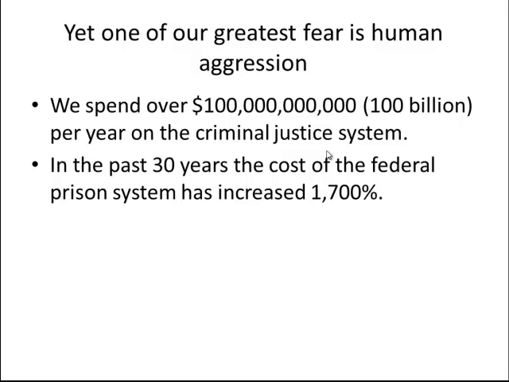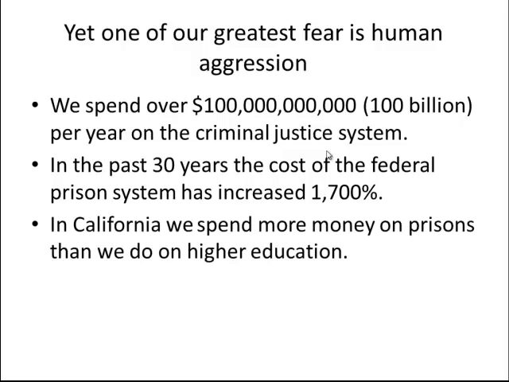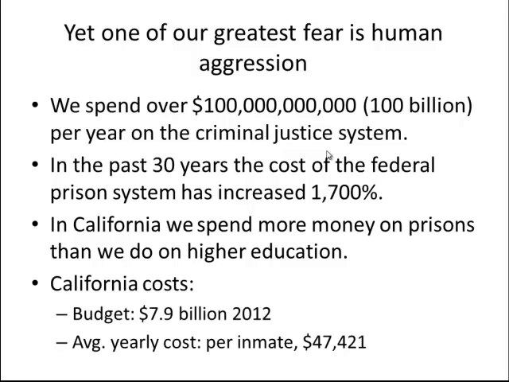We have gone from a prison system that was very taxing on our finances 30 years ago to a balloon, to an overwhelming one, even though violent crimes have gone down. In California, we spend more on prisons than we do on higher education. Think about that. Think about your tuition going up and going up and going up, and how much money we spend on keeping people in prison. Here's some budgets I found for 2012.